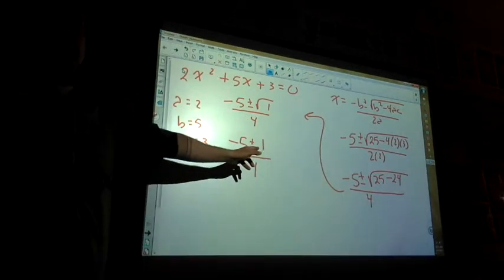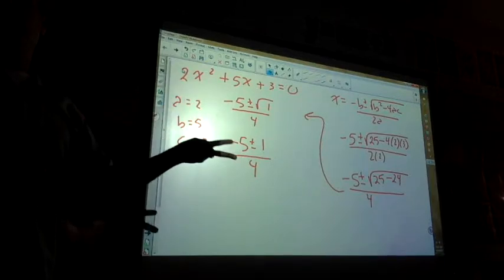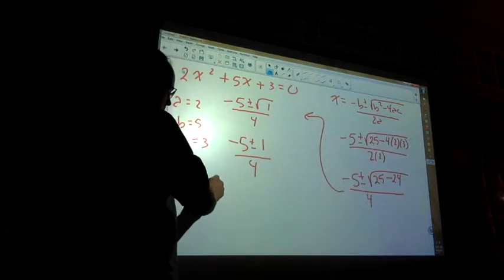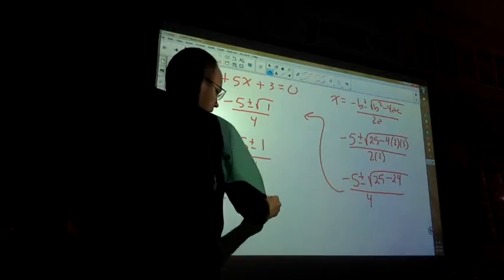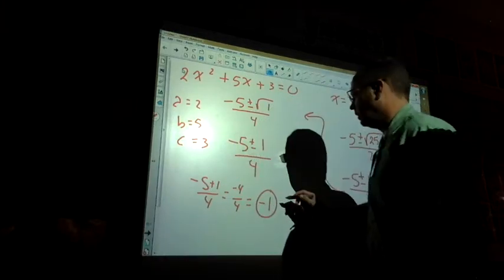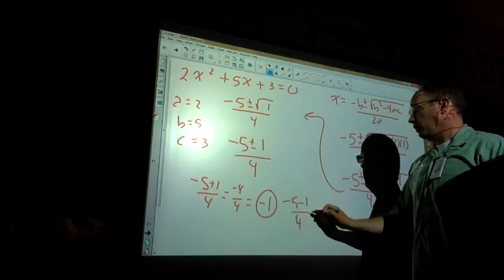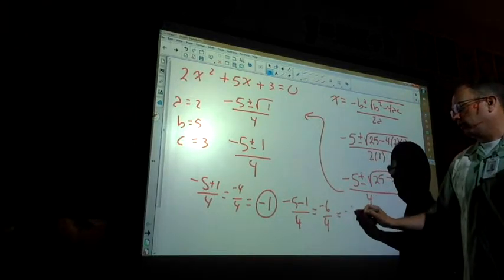How many answers are right here? 2. So negative 5 plus 1 over 4. That's negative 4 over 4, which is negative 1. Is that okay? Then the second answer is this. Negative 5 minus 1 over 4, which is negative 6 over 4, which reduces to negative 3 over 2.